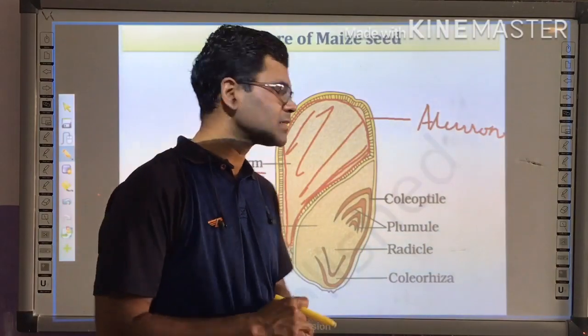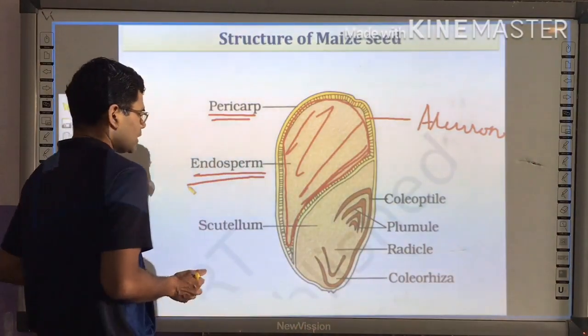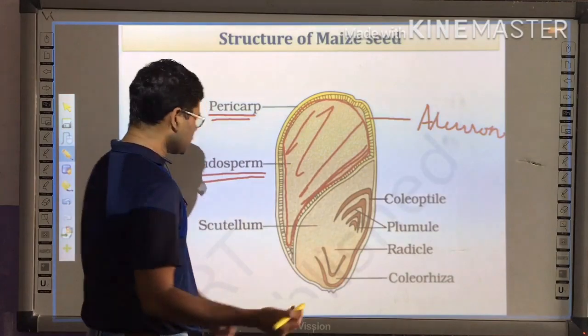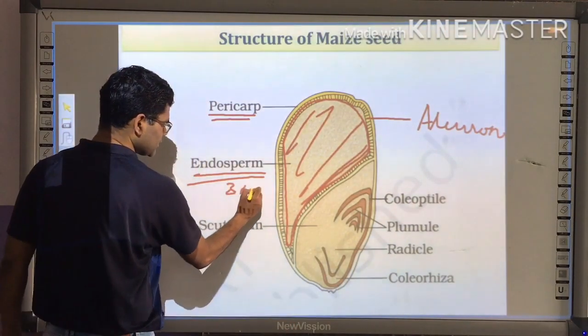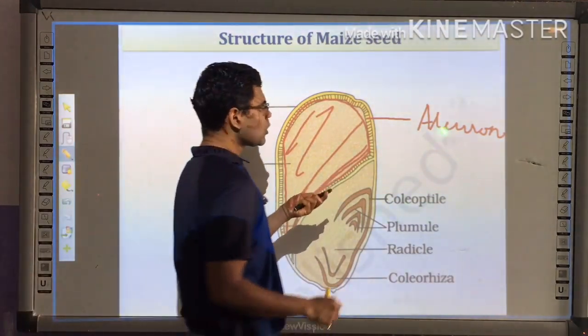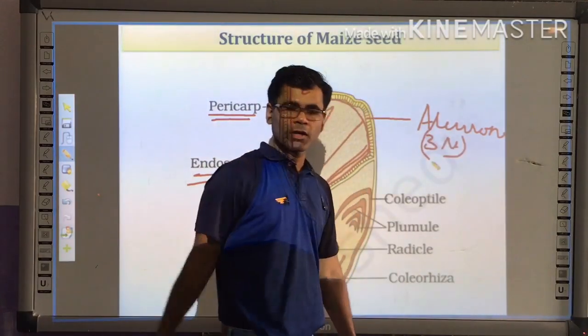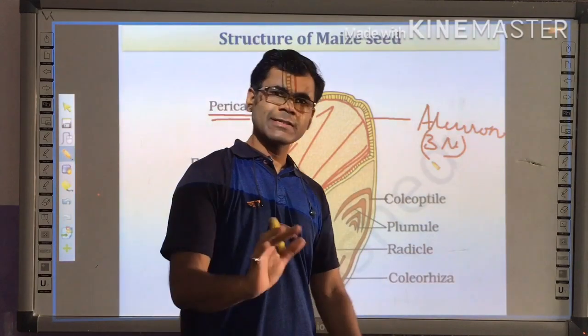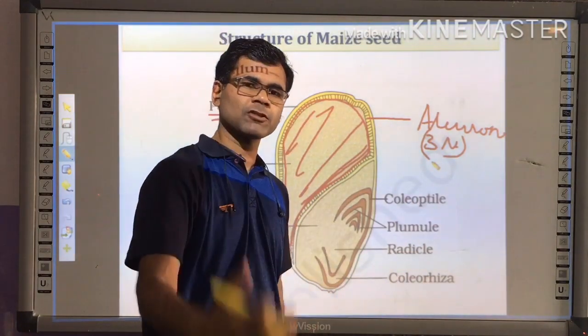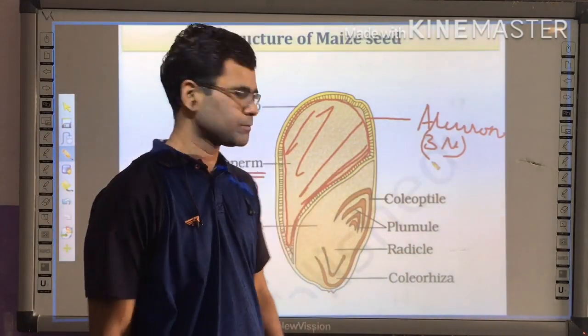Okay, it is also termed scutellum, right? One more thing I would like to tell you here, that endosperm is triploid. Aleurone also is triploid, because it is a part which is formed from the endosperm only, right?